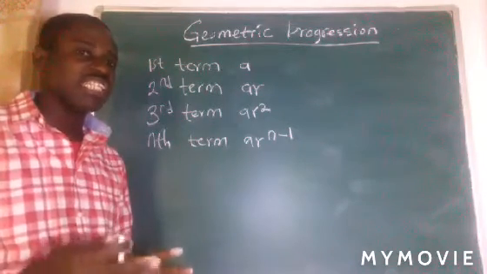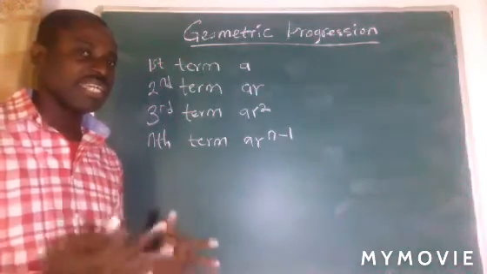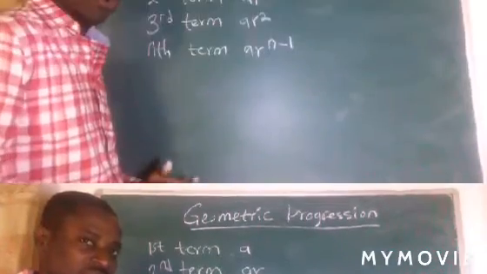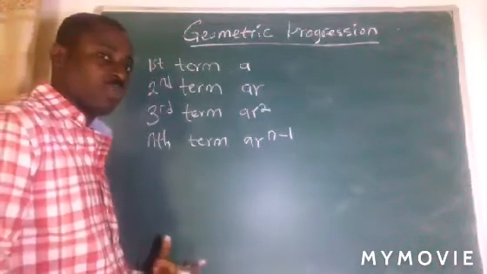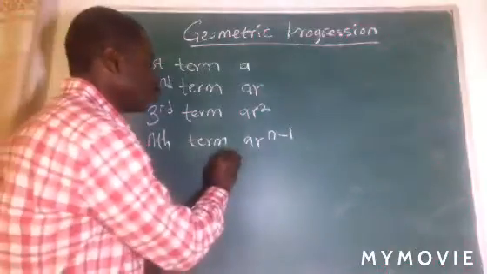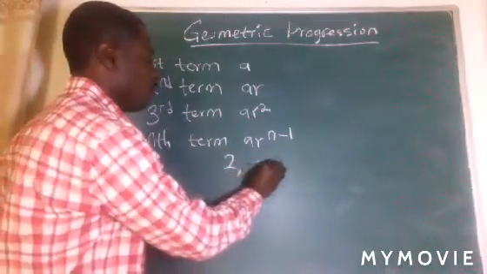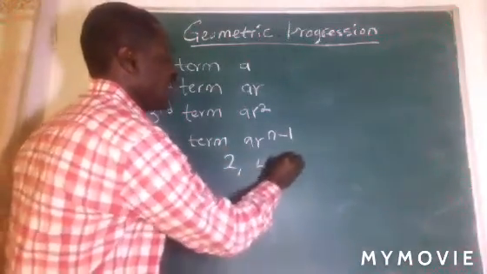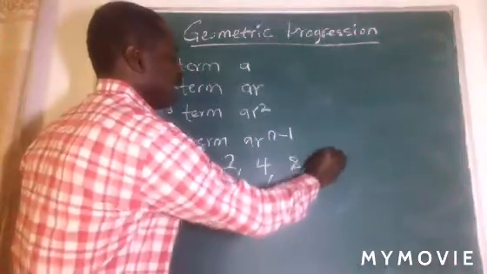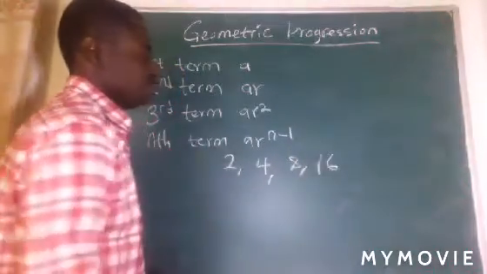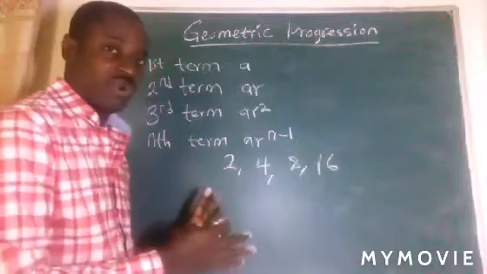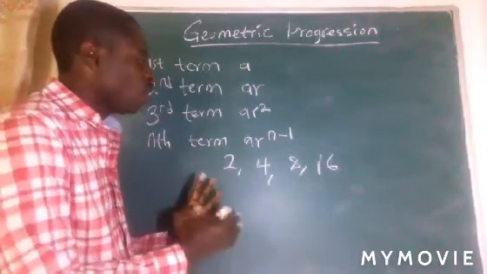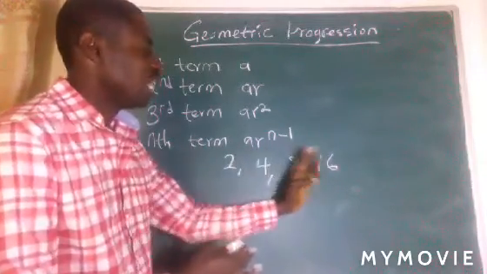We have the increasing sequence and the decreasing sequence. An example of the increasing geometric sequence is 2, 4, 8, 16. Now, in geometric progression, we are not looking for the difference between each term.